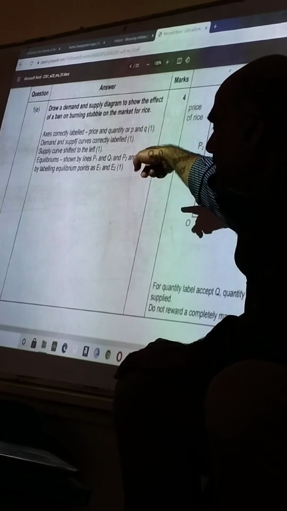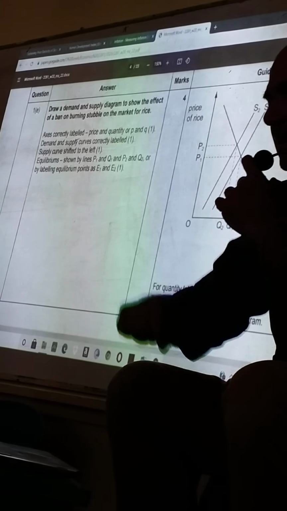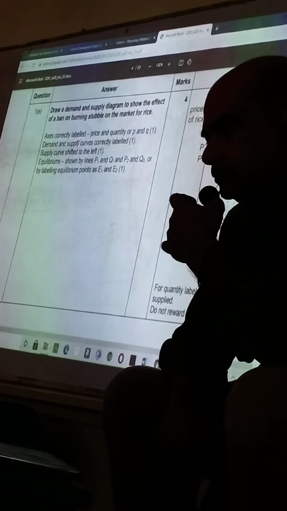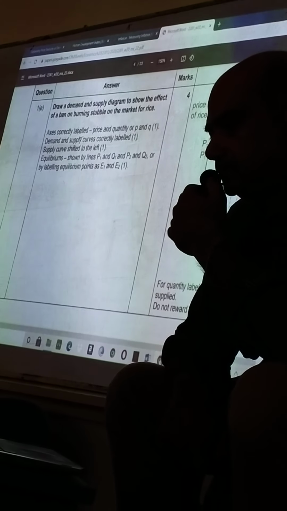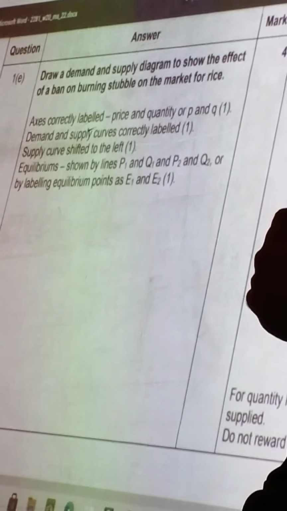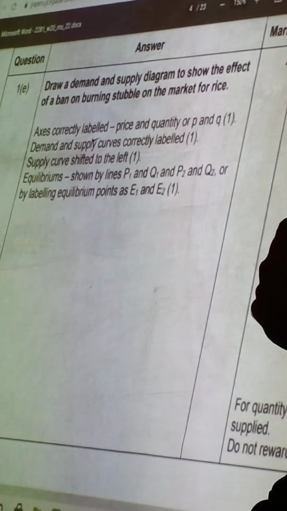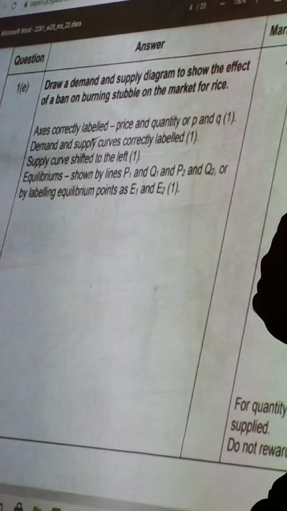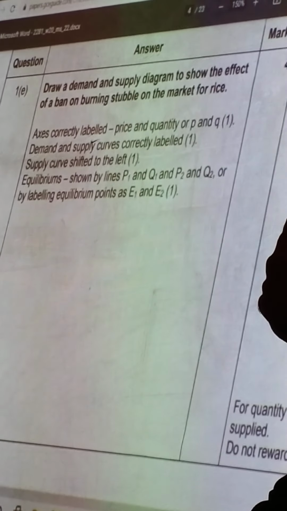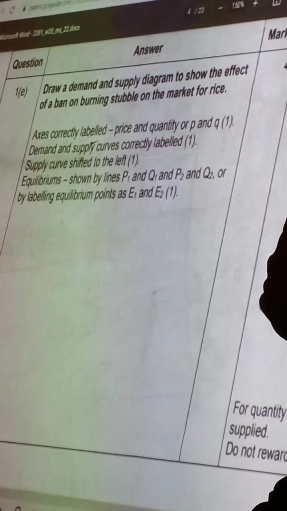Just go through this, the left hand side. I'll answer it. Go through yourself. They have mentioned it, but on the diagram they have not mentioned it.